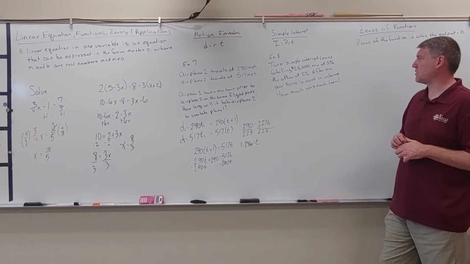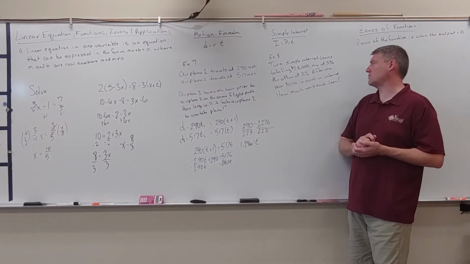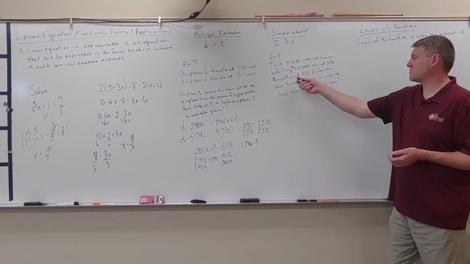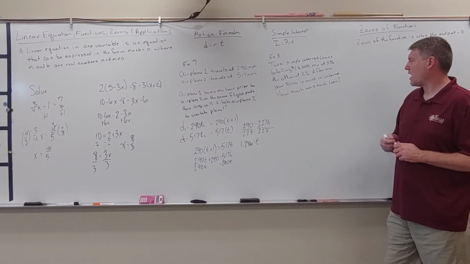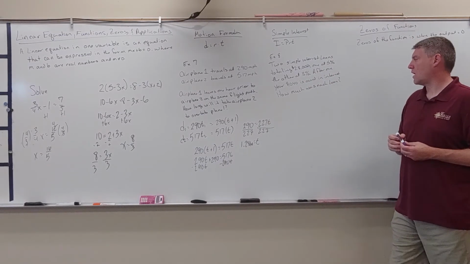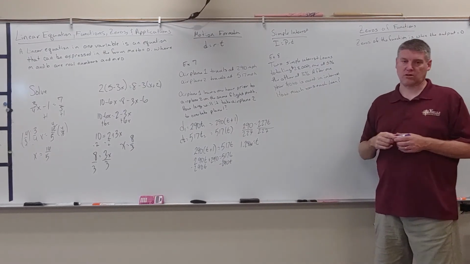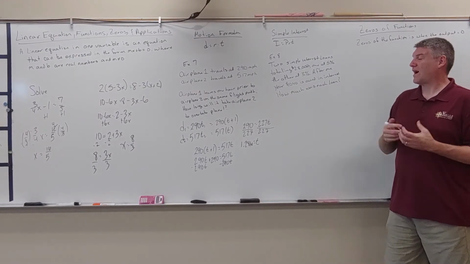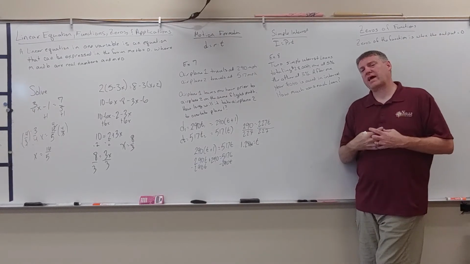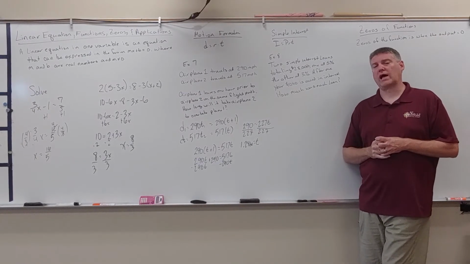Okay, so here's our next example. It says 2 simple interest loans totaling $28,000, one at 5% and the other at 3%. After 1 year, $1,040 is owed in interest. How much was each loan? Okay, so I don't know exactly how much each loan was.